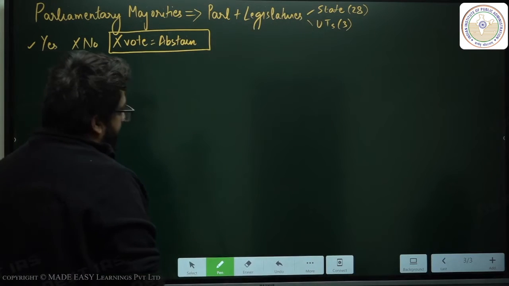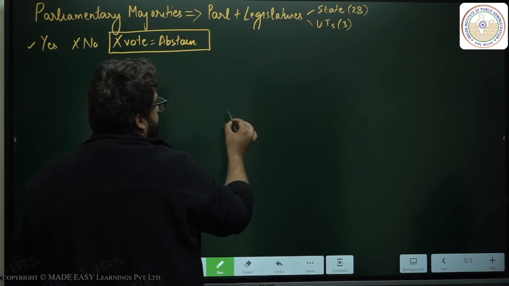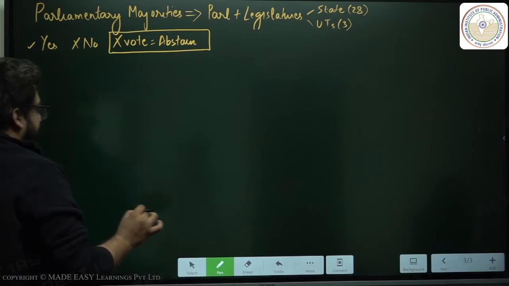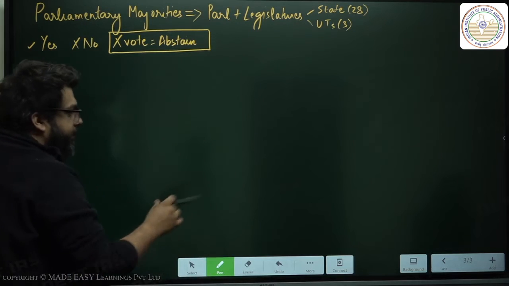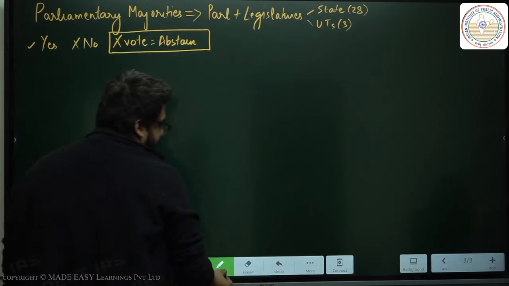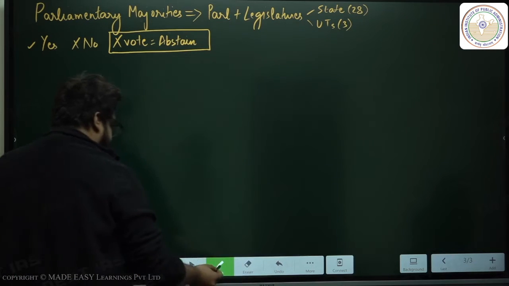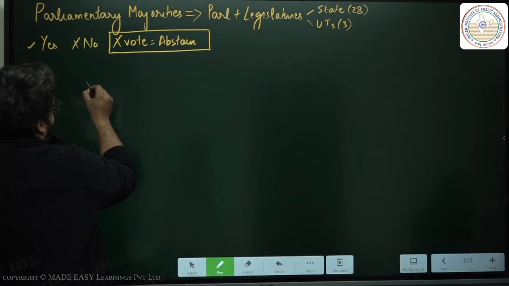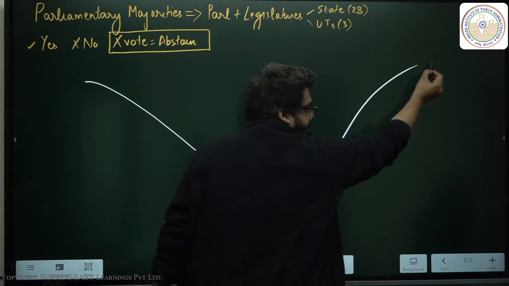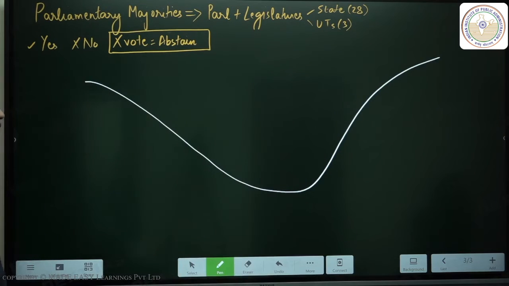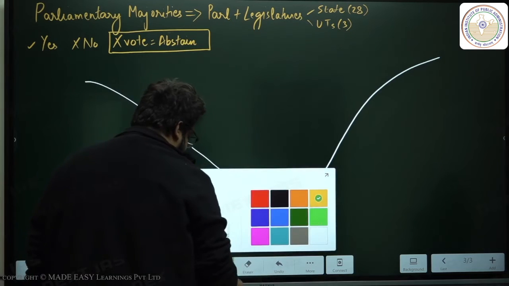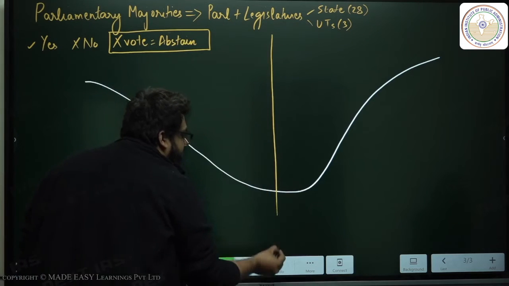Now, there are going to broadly be two kinds of majorities. I'll first draw a graph of the majority so that you understand how this works. The graph will start from here, go here, and then will again go here. Now, this graph can be divided into two parts.